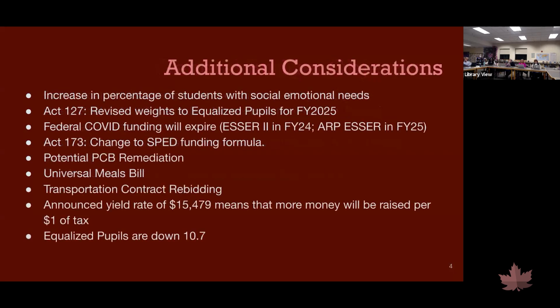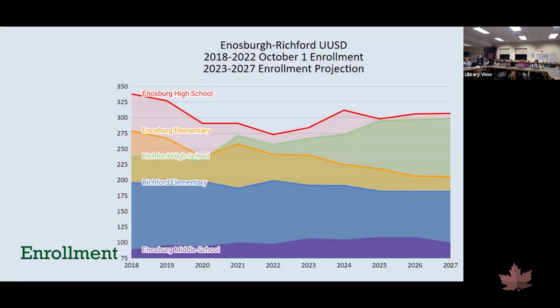Additional considerations, you've seen all of these, except we saw a small decline in equalized pupils. As equalized pupils go down, your tax rate goes up, although that's a pretty small change. Enrollment projections, we may use that or not. Everything through 2022 is actual.